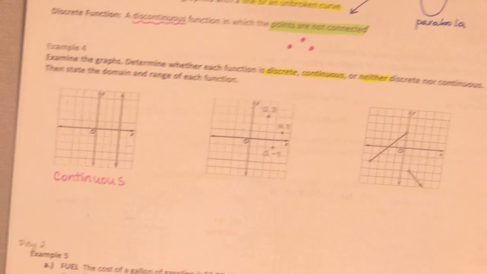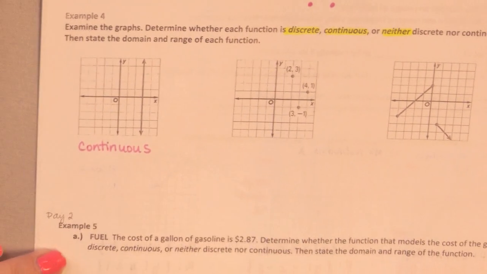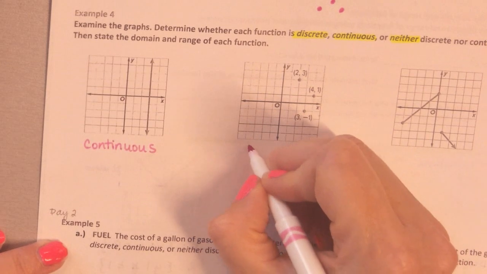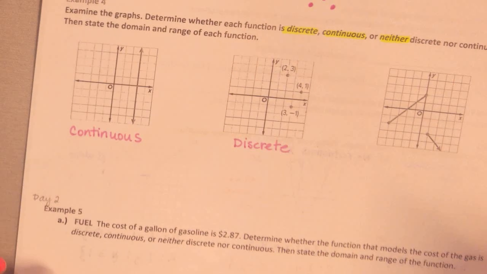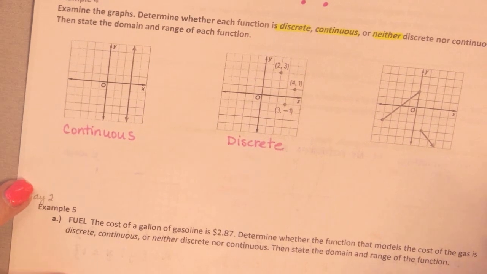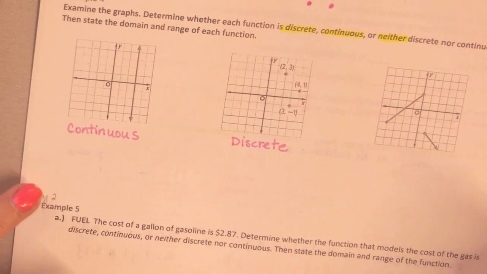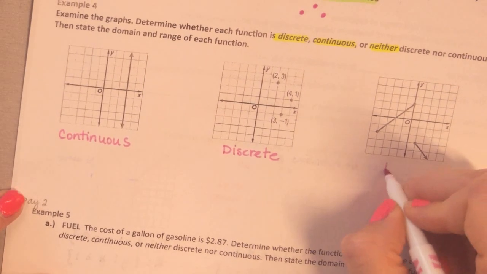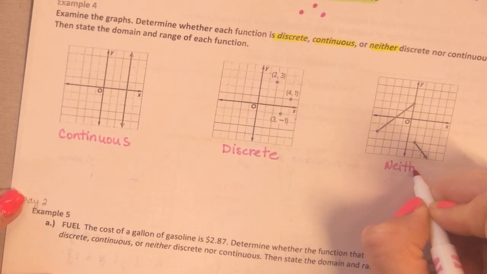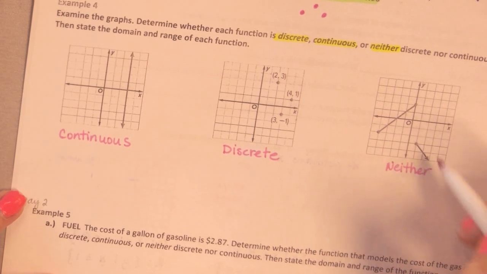Continuous. Okay, what about the second one? Discrete. I know you guys are very intelligent, so you could probably even guess the third one. Yes. If it is neither discrete nor continuous, this would just be a discontinuous function.